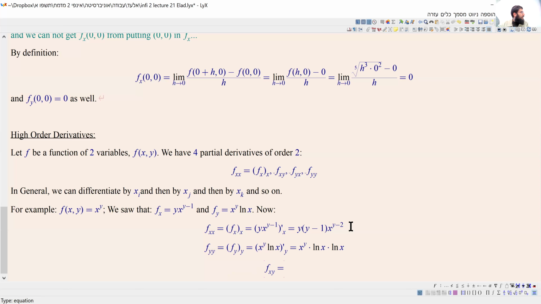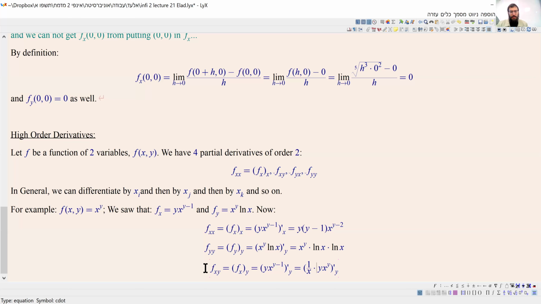say I want to calculate fxy, which is the derivative by y of the derivative by x. We need to differentiate by y the function y x^(y-1). So here we are being a bit cautious. First of all, I think it's easier to consider the minus 1 here as multiplication by 1 above x, which is totally fine.